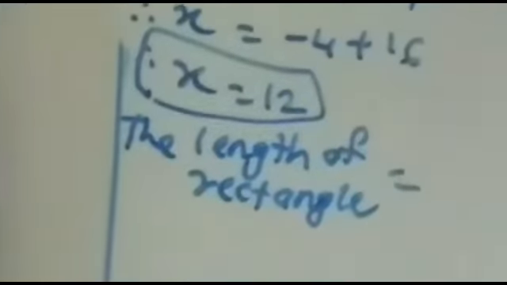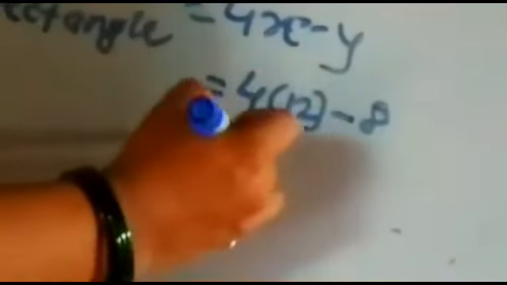Here we take 4x minus y, which means 4 multiplied by 12 minus y, which is 8. 12 fours are 48. 48 minus 8. Then we get the length of one side of the rectangle is equal to 40. This is the length of the rectangle.